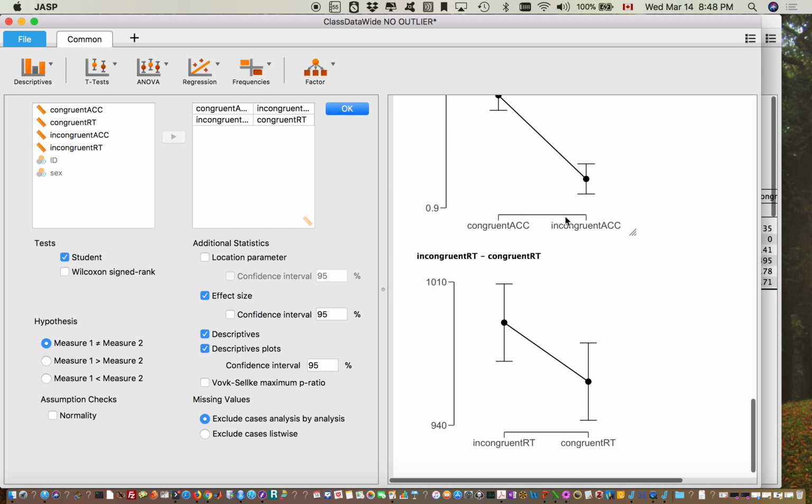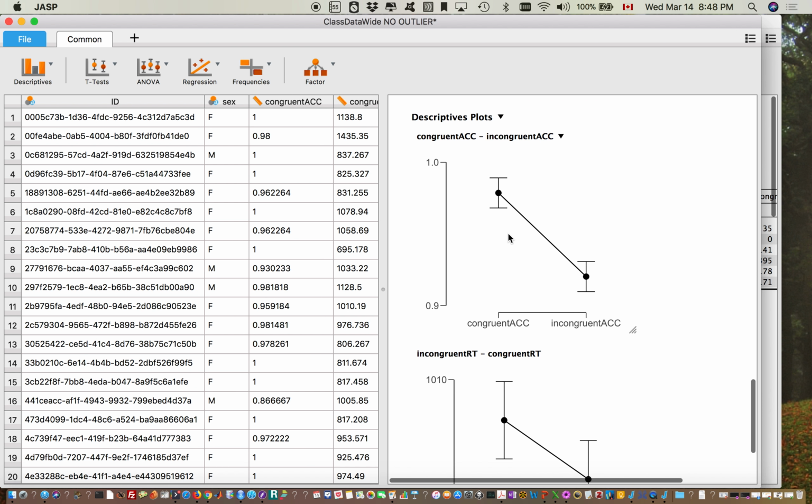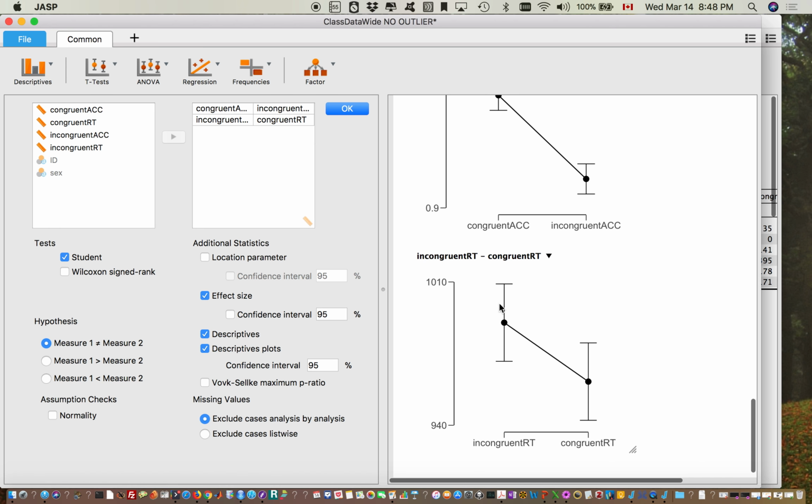And what are these? These are 95% confidence intervals, which means that if we were to run this task 100 times, then 95% of the time the true mean would be within these bounds. These are also 95% confidence bounds, but they're much wider. So even though we have a significant difference between these groups, we are less certain about where the true mean would be for the reaction time in the long run.